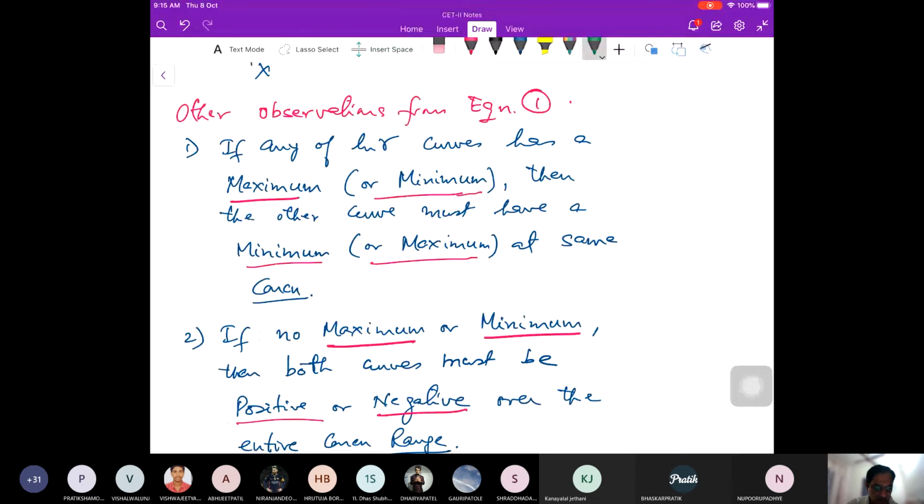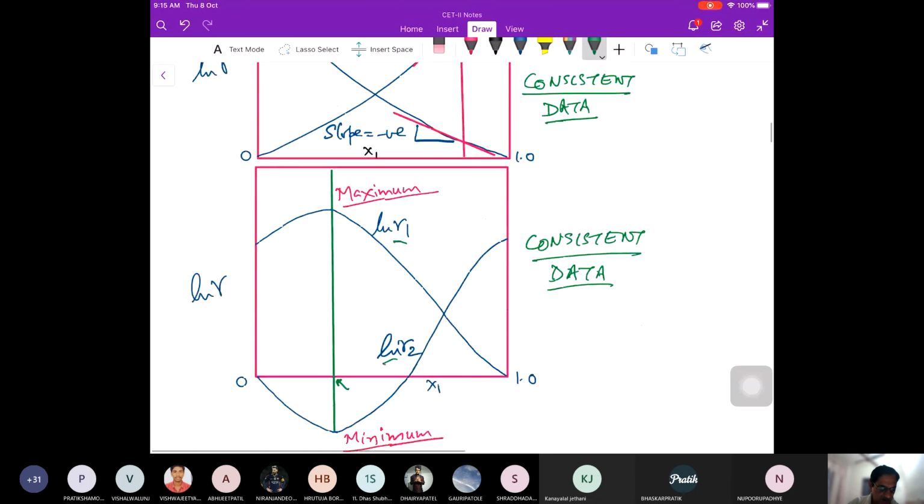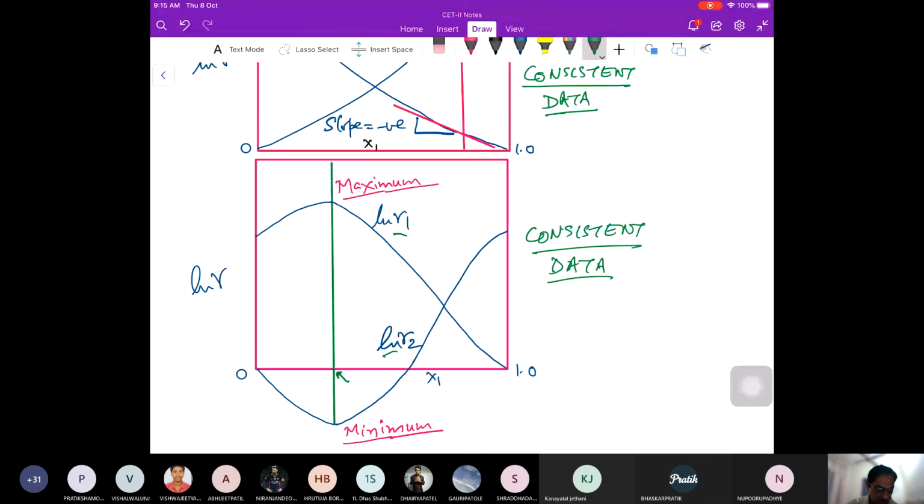Okay. So if any ln gamma curve has a minimum or maximum, then the other curve must have a minimum or maximum. When there is a maximum in one curve, the other curve will have a minimum. When there is a minimum in one curve, the other curve will have a maximum. That's what we saw here, right? This curve has a maximum, this curve has a minimum. So if you take this curve as minimum, this curve as maximum.